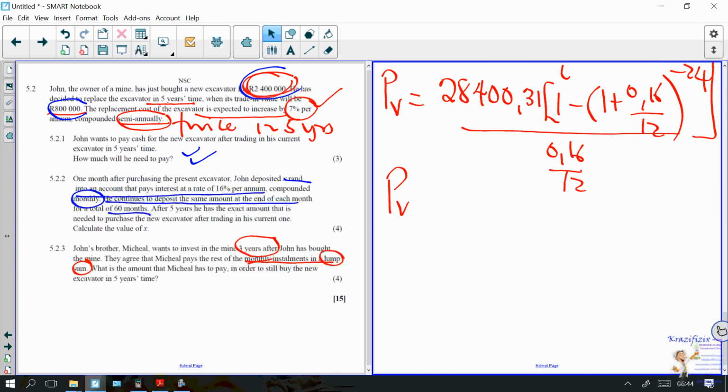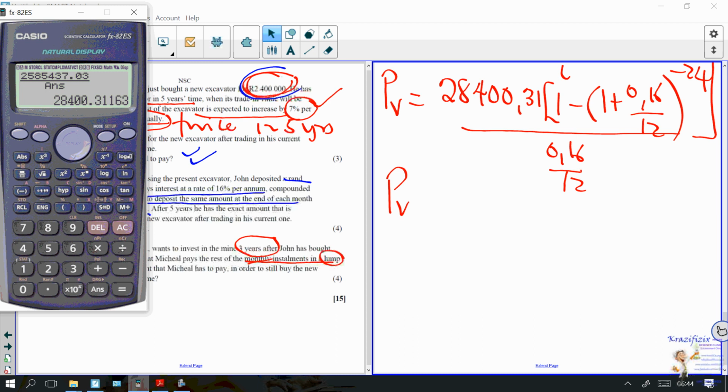All right, let's get an answer quickly. Okay, what do I have here? I have 28,400.31. And what do I have? I have a bracket. I have 1 minus. I need another bracket. Okay, and I have 1 plus. I need my division there. 0.16 divided by what? 12.